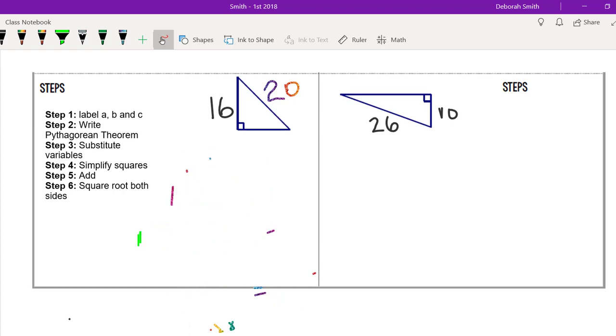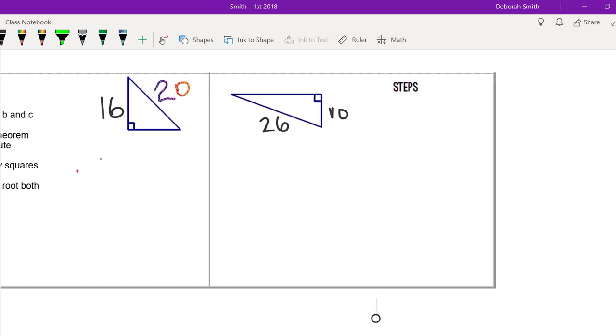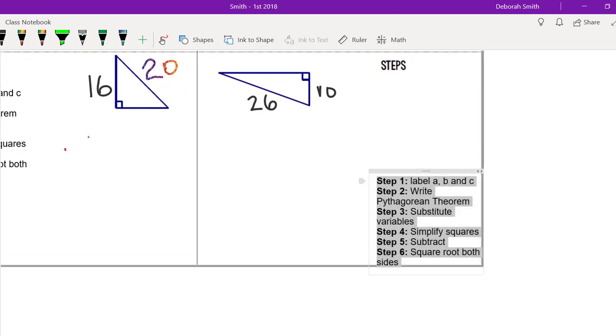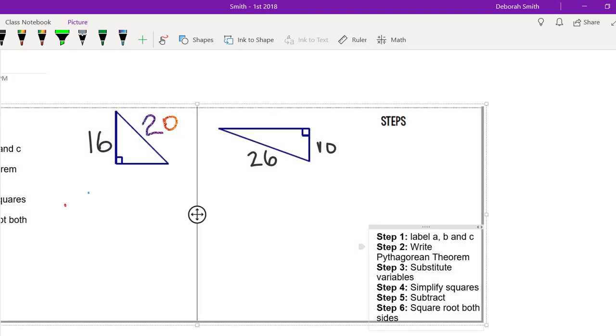And then on the right side, I've labeled that triangle with 10 and 26. Make sure you put them in the same exact places that I've put them there. And we're going to bring up our steps here, and they're very similar, with one small exception here.